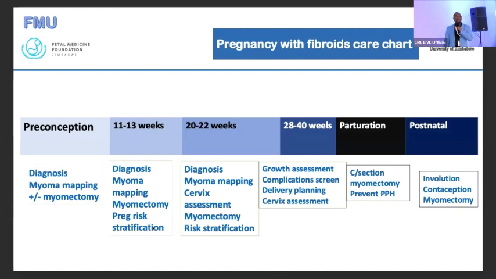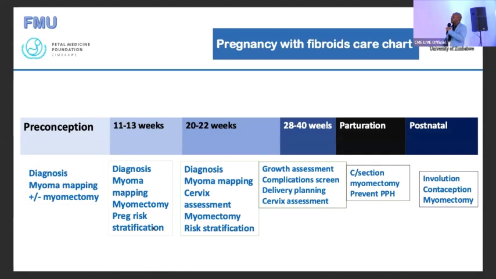We said it's very difficult to use symphysis-fundal height in women with fibroids. So the scan will do justice to these women, and you then need to plan for delivery in a setting where you can resort to cesarean section if labor does not progress.